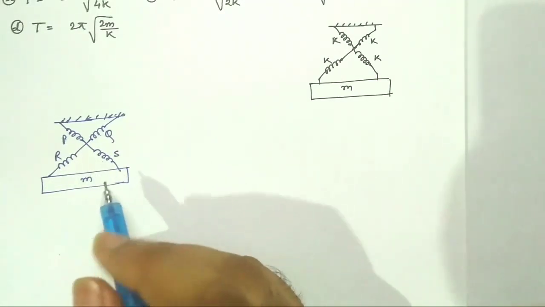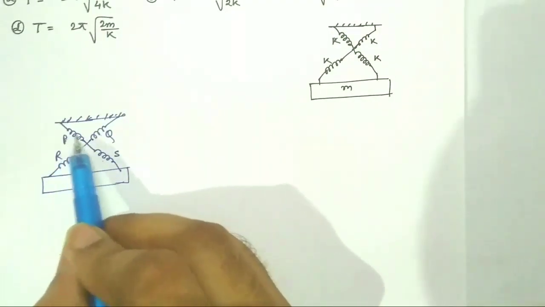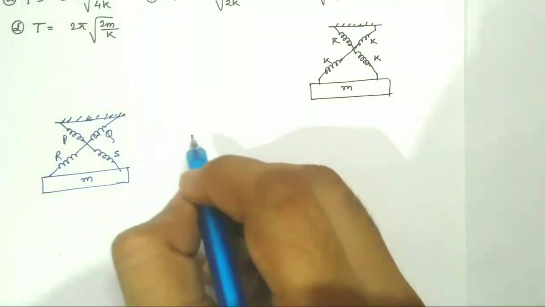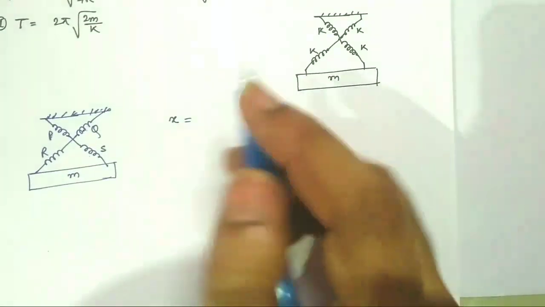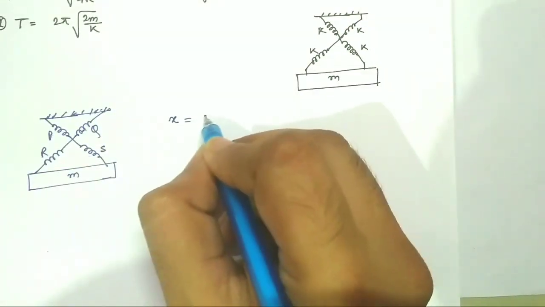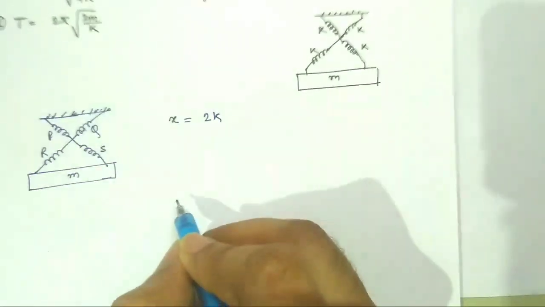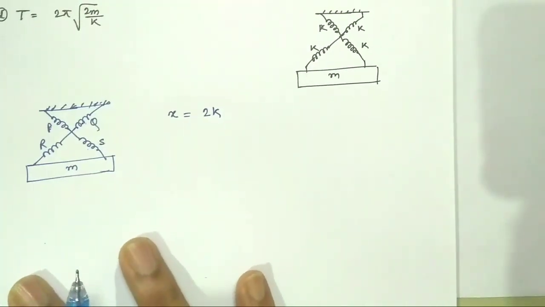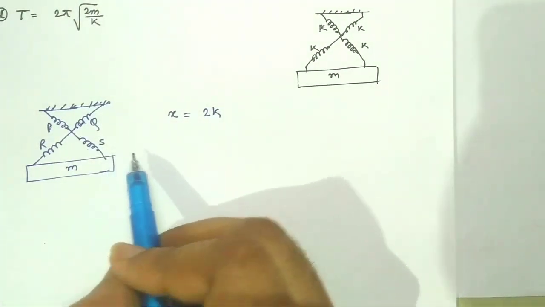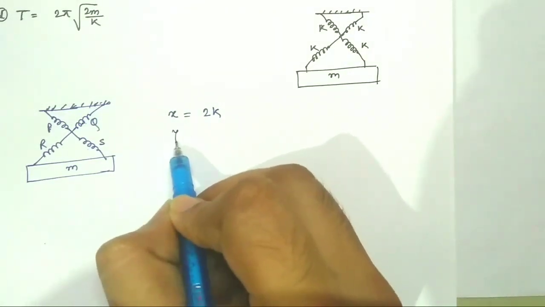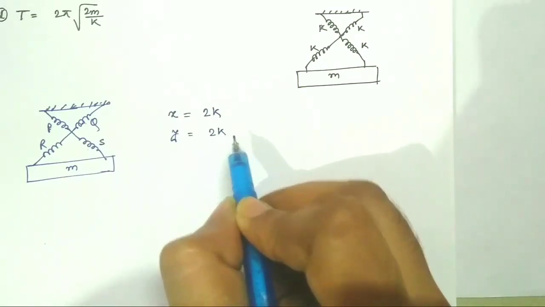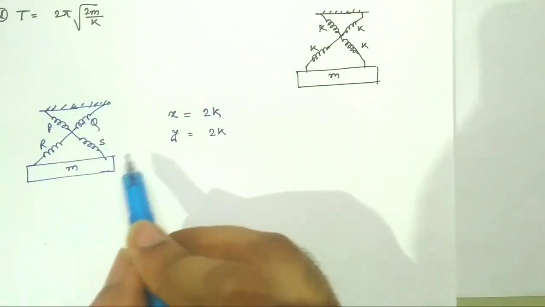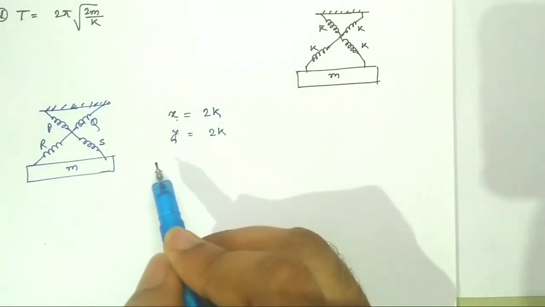Hence, since P and Q are in parallel combination, we can write the equivalent spring constant X equal to K plus K equal to 2K. And again, since R and S are in parallel combination, we can write this equivalent spring constant as Y equal to twice K. Now, these X and Y are in series combination.